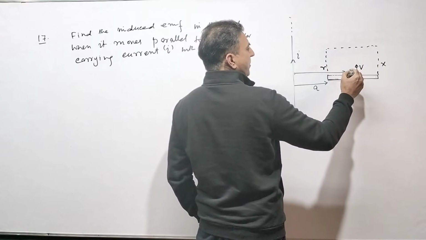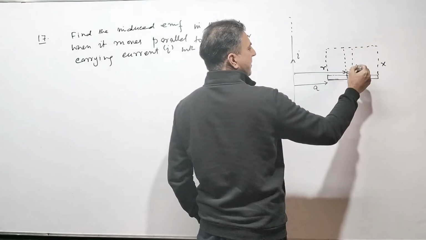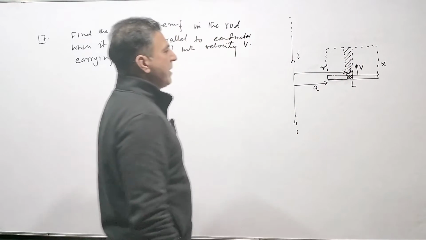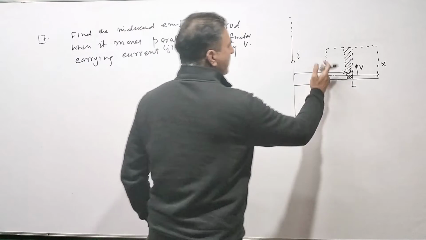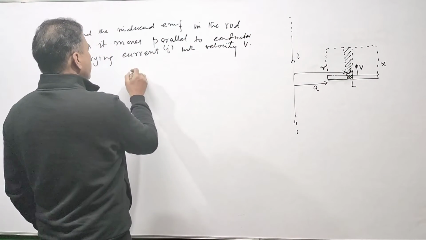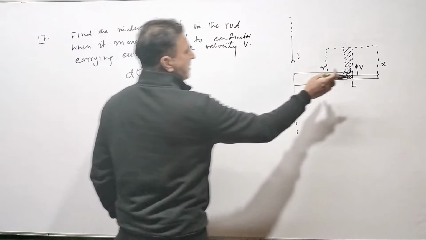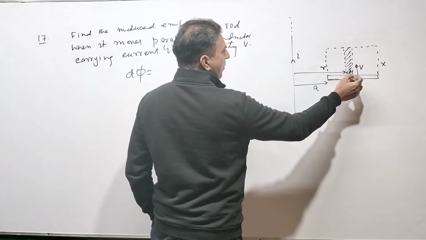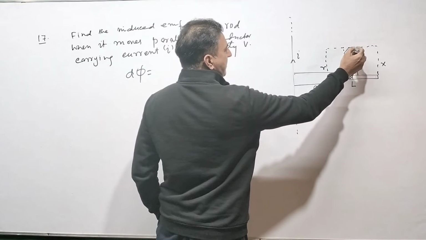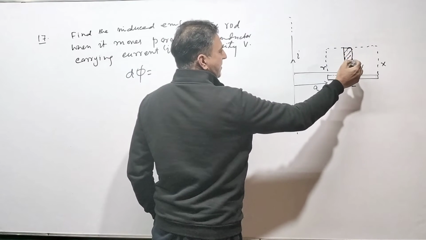Can we find the flux here? How much is the flux here? That flux I want to find, and then I will find the total flux. So what is d phi? The small flux in this region. Here the magnetic field I know. Magnetic field into this dr into this x. That is the flux in this region.